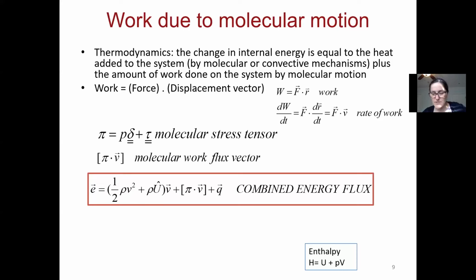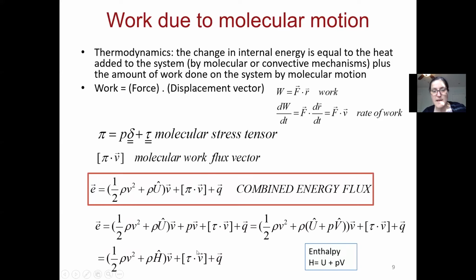Now, no need to go into details, but the details are here if you want them. This can also be written slightly differently by involving enthalpy. If I break down my molecular stress tensor into the pressure part and the viscous part, and then add the pressure part into the other one, we can rewrite this again. I'm not going to go into details, but this is more practical for calculation: to look at the first part not as the total energy, but just involve enthalpy here, and then just look at the work of the viscous stress tensor here, and not the total molecular stress tensor.